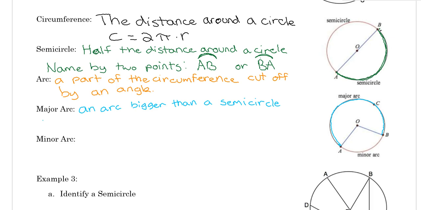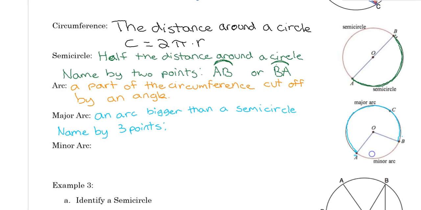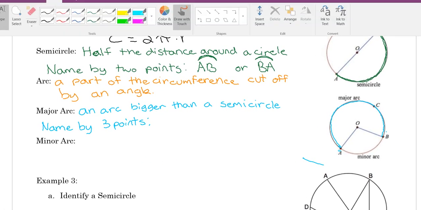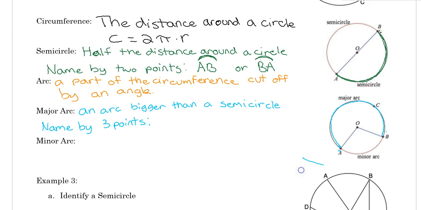And for a major arc, you have to name using 3 points. Why? If I just said I want to go from A to B, I would want to just take the shortest route. I would want to go this way, around the shorter way. But that wouldn't make it a major arc.